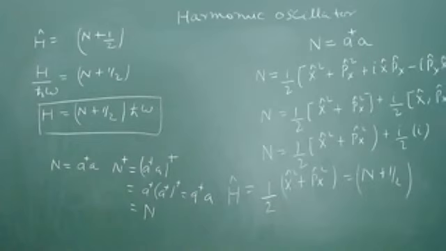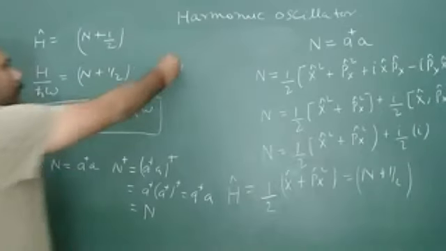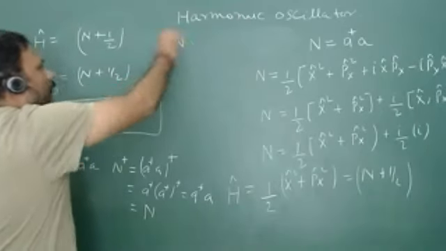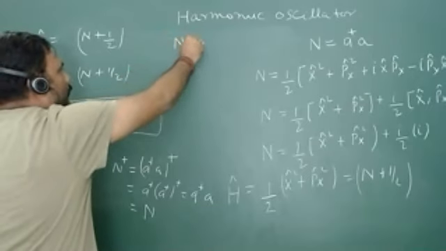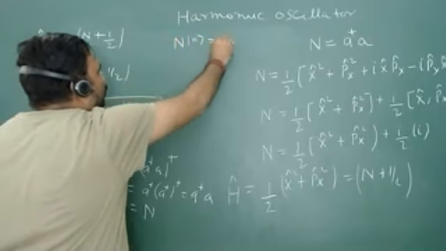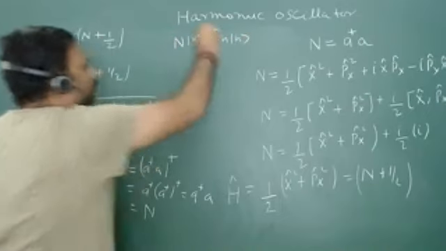n dagger is n, which means the eigenvalue of H is always real. The eigenvalue of H or n is always real. Once we get the eigenvalue of n, we can easily get the eigenvalue of H. So let's try to figure out what this particular n is. Let us define that the n operator has eigenvalue n with ket |n⟩.